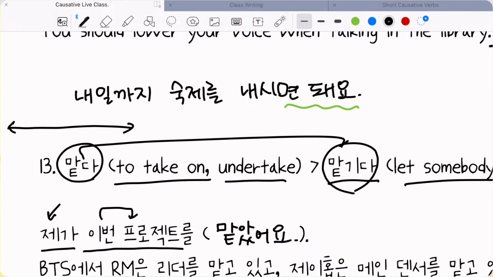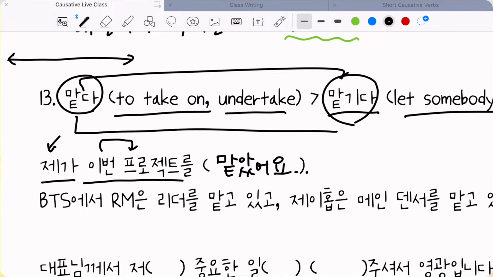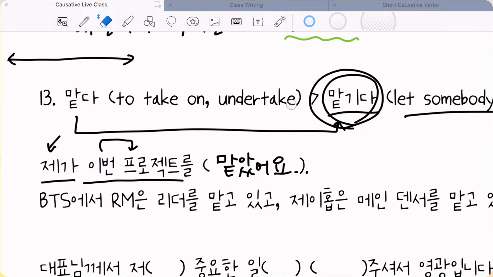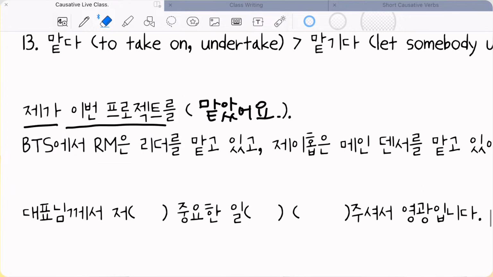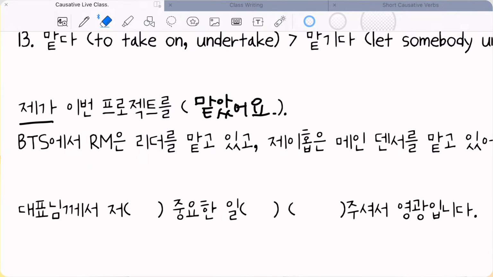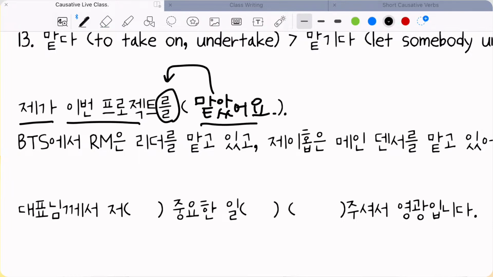So when they are changed into causative, they are inevitably going to have two objects, right? And I think I gave you enough explanation in the first lesson on which particle to mark the causee with and the direct object with. We learned that in the first lesson. So let's continue. 제가 이번 프로젝트를 맡았어요. I took on the project. And 를, 맡다 is used with an object because 맡다 is a transitive verb.